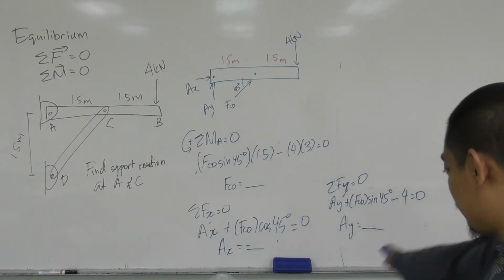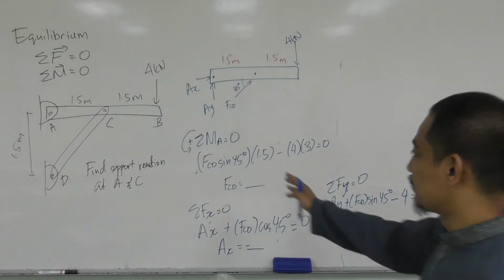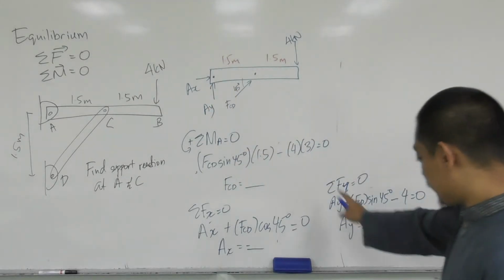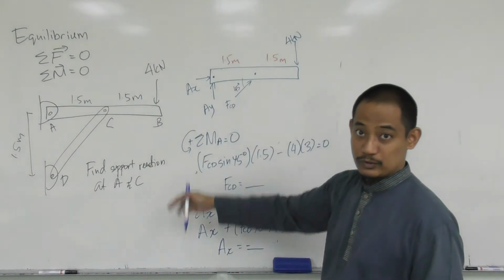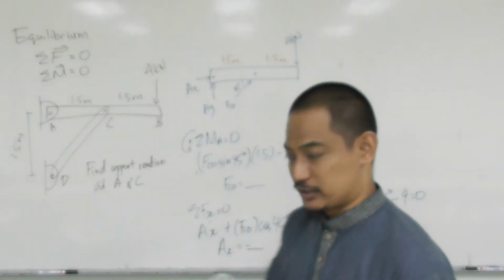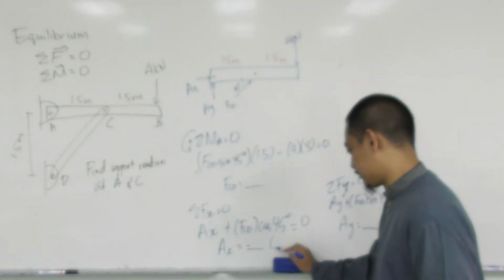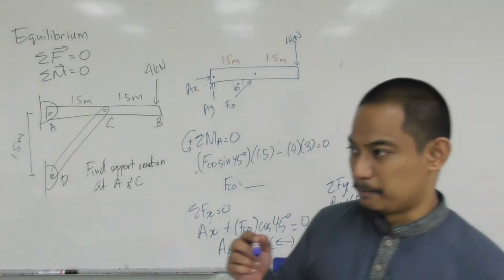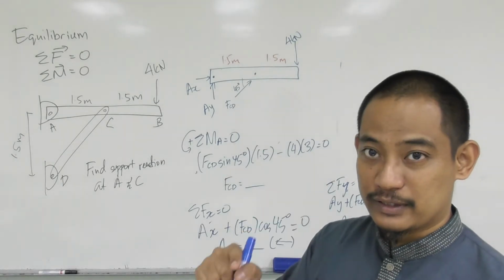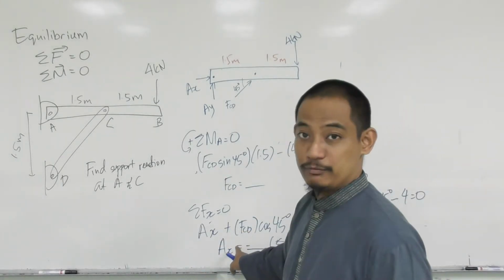Depending on the value, if it's positive, then our assumption is correct. If it turns out to be negative, then the direction is downwards, right? So if that happens, you should note that this means it is to the left, so that you specify your understanding of what this negative means.